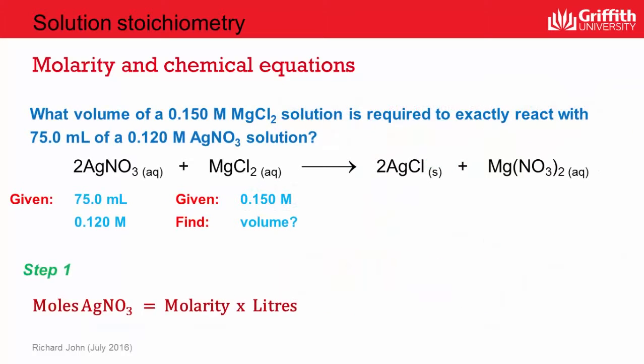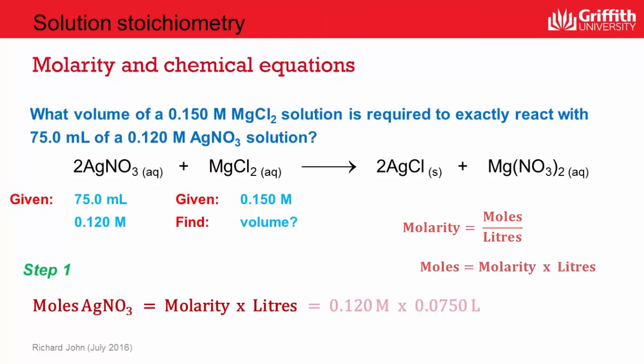So, step 1, moles of silver nitrate equals molarity of silver nitrate times the litres of silver nitrate. Now you recall that the molarity expression is molarity equals moles on litres, and we can make moles the subject of the equation. Moles equals molarity times litres. So that's the expression we're using here.